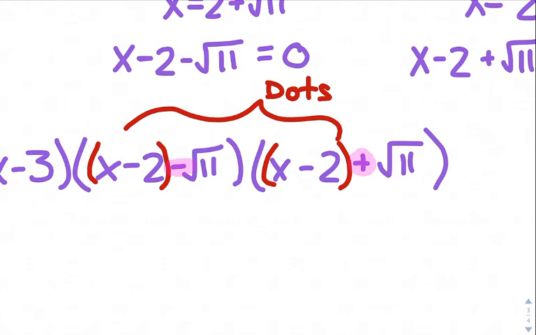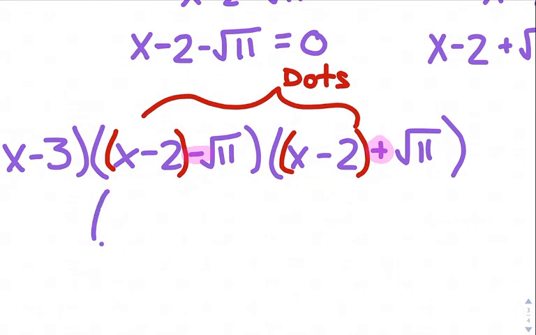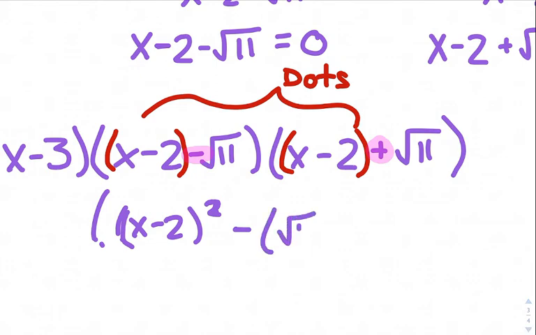So because it's the same expression, but it's negative and a positive, that's a difference of squares problem. So recall difference of squares: in order to solve this, we do x minus 2 squared, and then we subtract radical 11 squared.